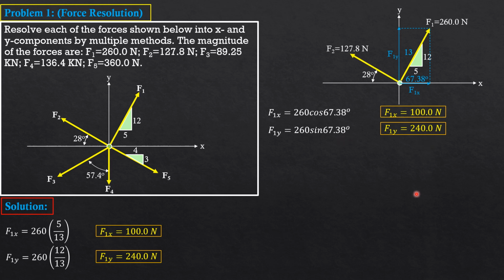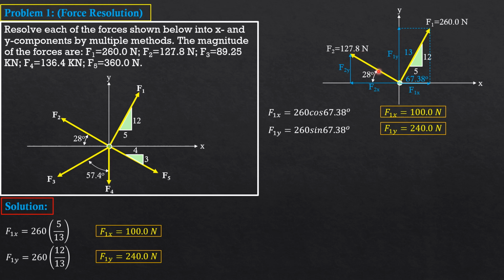And let's proceed to F2. So the force F2 is directed up to the left, so the x component is expected negative as shown, and the y component, because it is upward, is positive. So the x component is adjacent to this 28-degree angle. Therefore, F2x, and it is expected negative, magnitude negative 127.8.